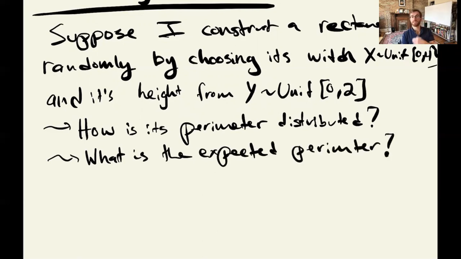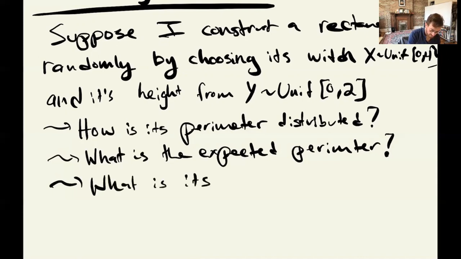That, of course, being one of the summary statistics of any random variable, its expectation. And then finally, I can ask, what about other summary statistics, such as the variance? So we're going to be interested in answering these three questions.